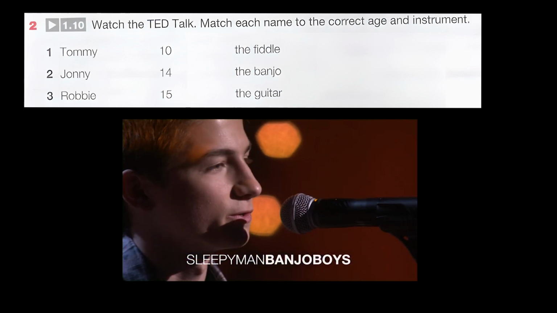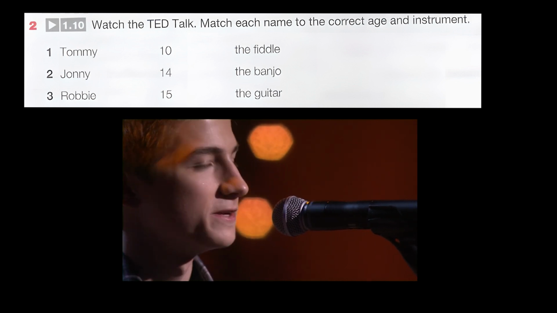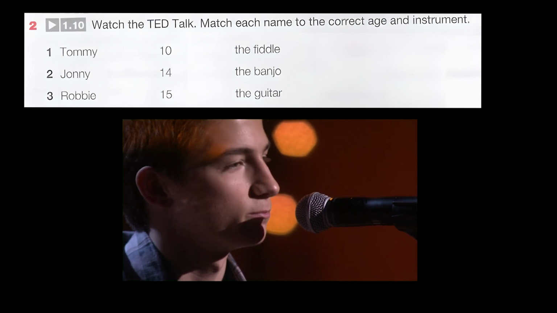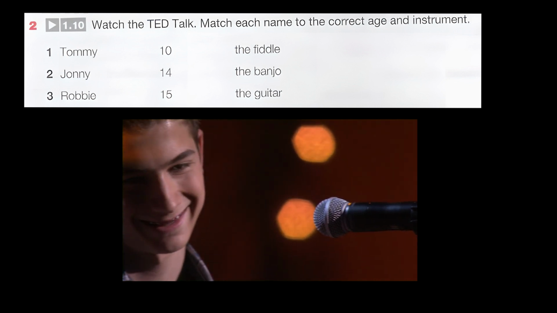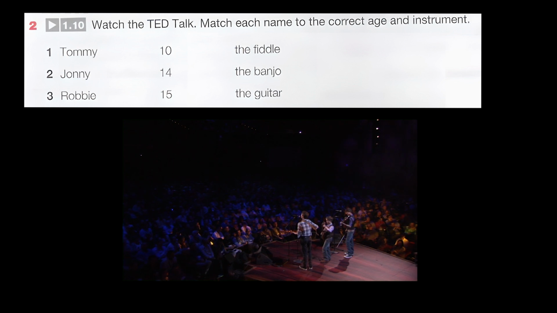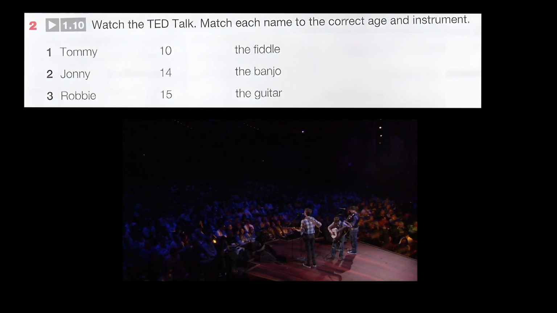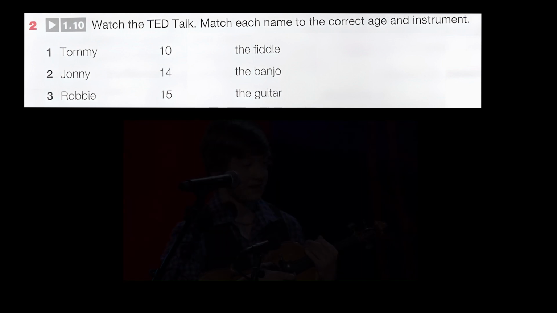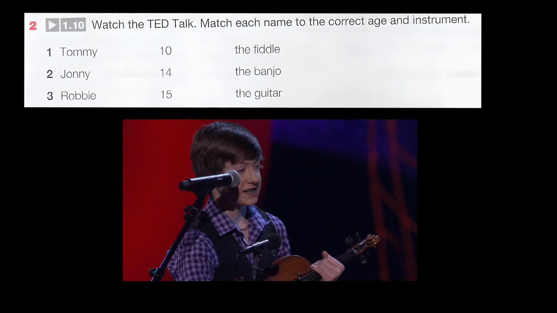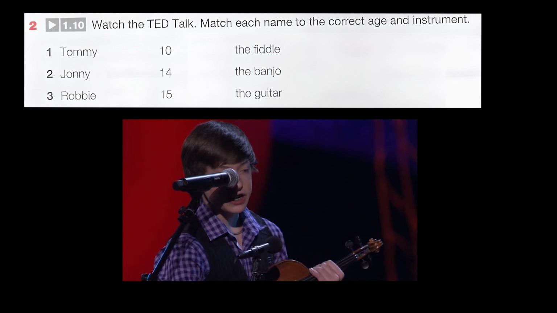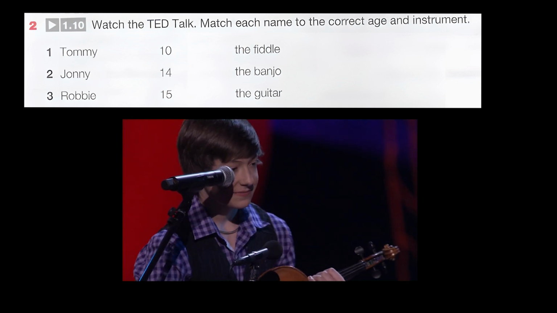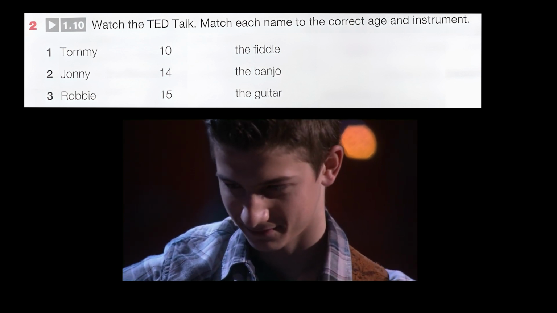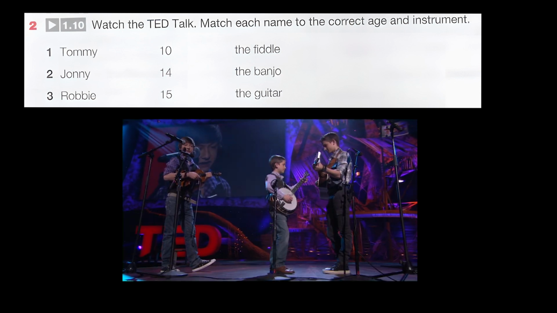Thank you very much. We're so excited to be here. It's such an honor for us. We're, like you said, 3 brothers from New Jersey, you know, the bluegrass capital of the world. We discovered bluegrass a few years ago and we fell in love with it. We hope you guys will too. I'm just gonna take a second to introduce the band. On guitar is my 15-year-old brother Tommy. On banjo is 10-year-old Johnny.